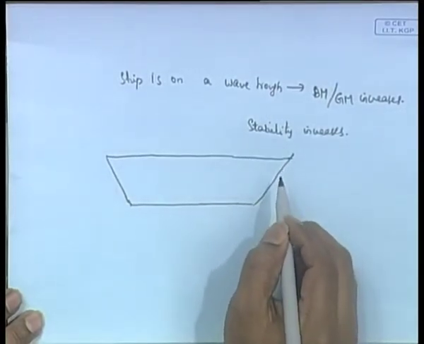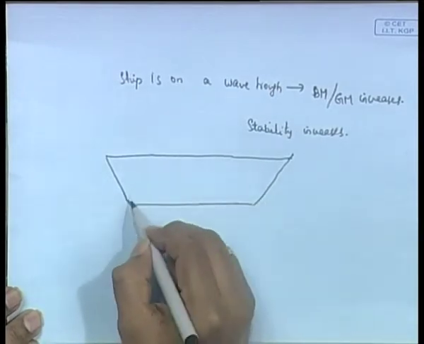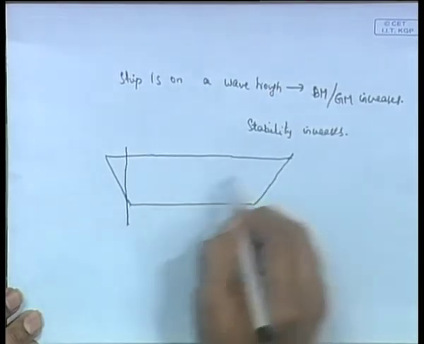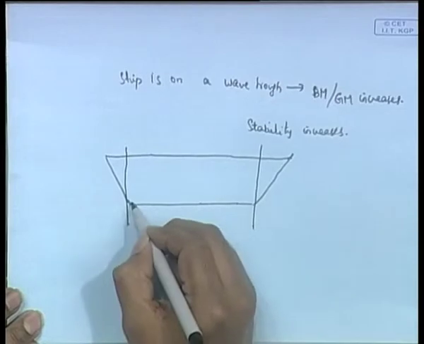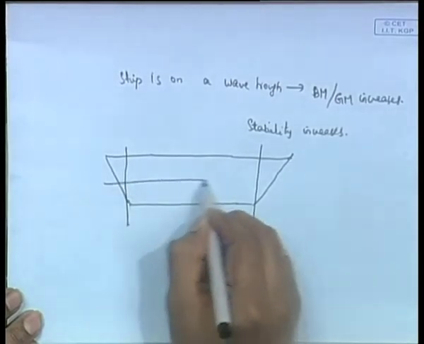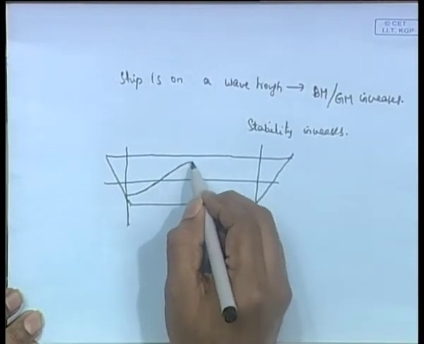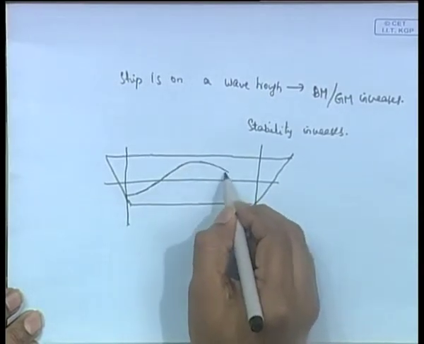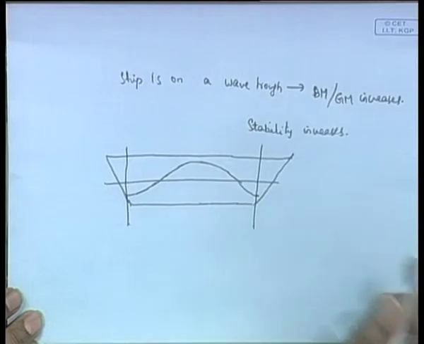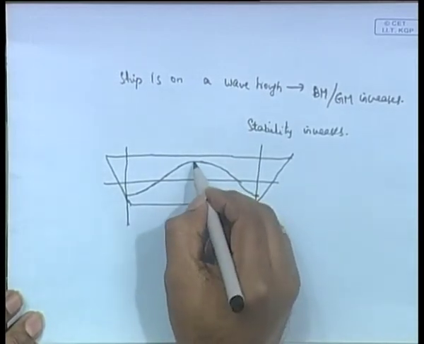What do you mean by ship floating on a crest? That is the case of a hogging wave. So, it is like this. Now, this is a hogging wave.